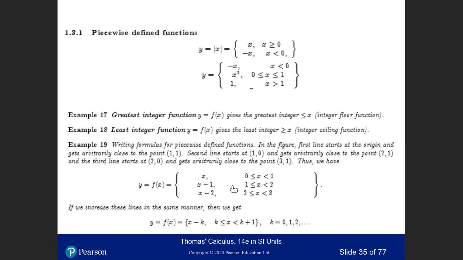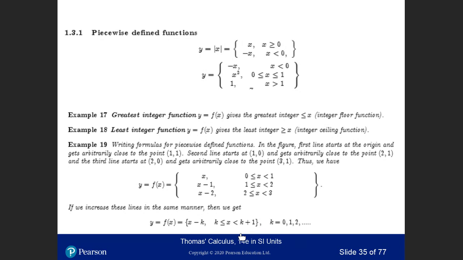That's again a line which starts from (1, 0) and goes up in values. And these will be all parallel lines, and you can give an expression like this: y is equal to f of x, where f of x is x minus k, for x between k and k plus 1, where k's are integers, positive integers.